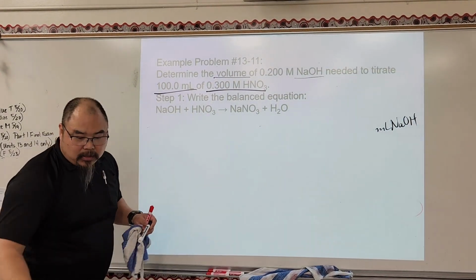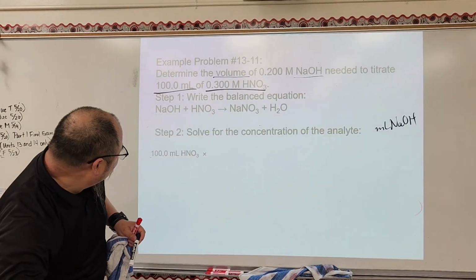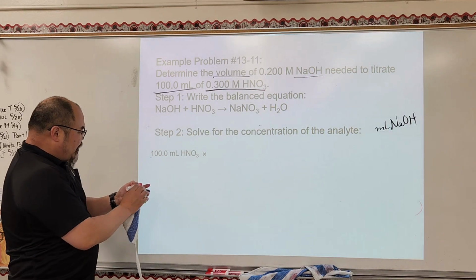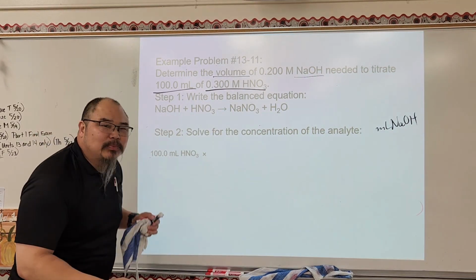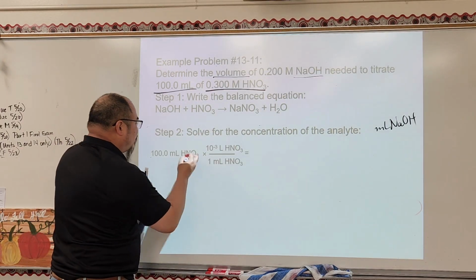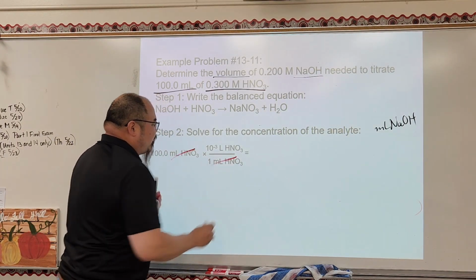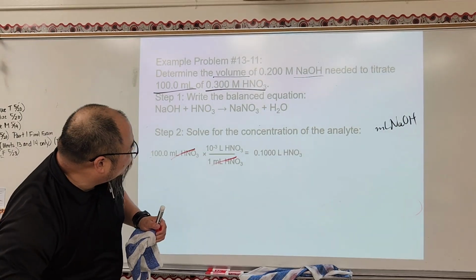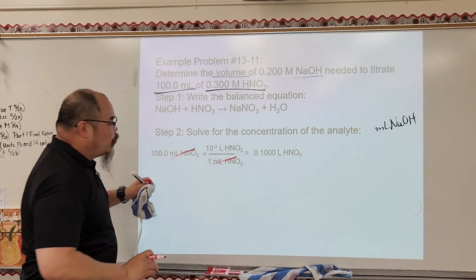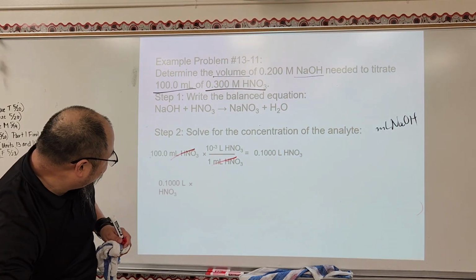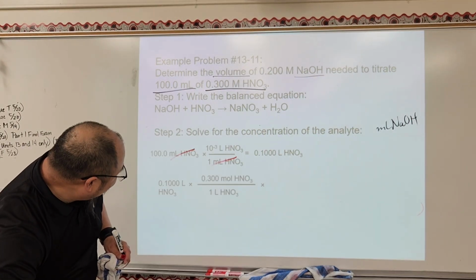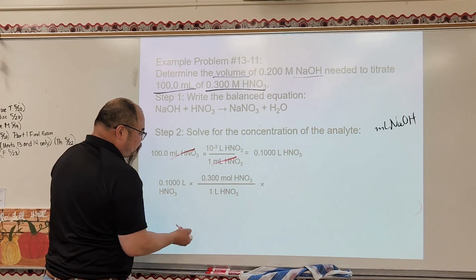So change our volume of nitric acid into liters. Again, it's because we don't have enough space. Milliliters of nitric acid cancel out. Liters of nitric acid is there. Great. Now we can use that to calculate with our molarity. 0.100 liters times the molarity.